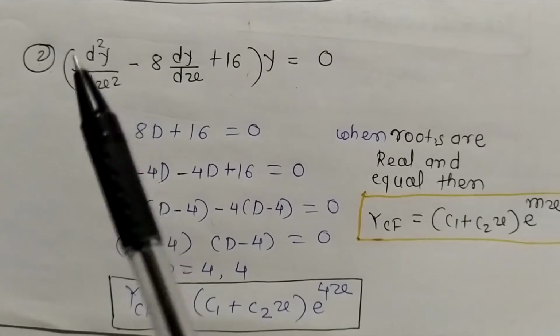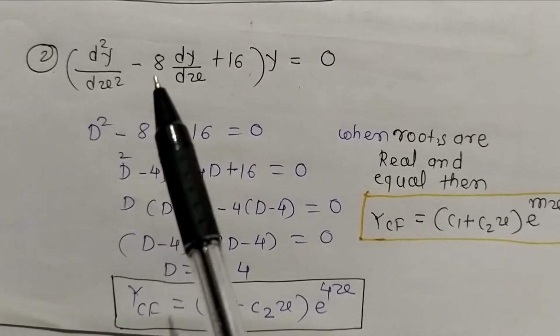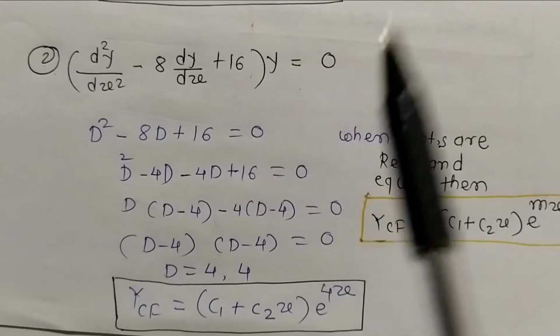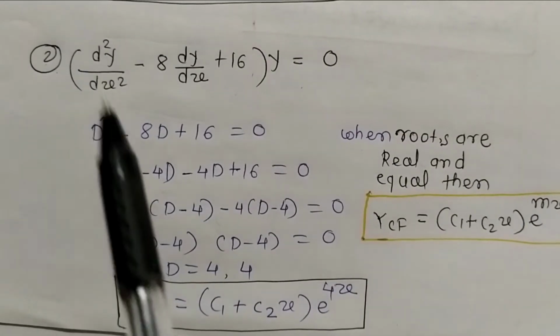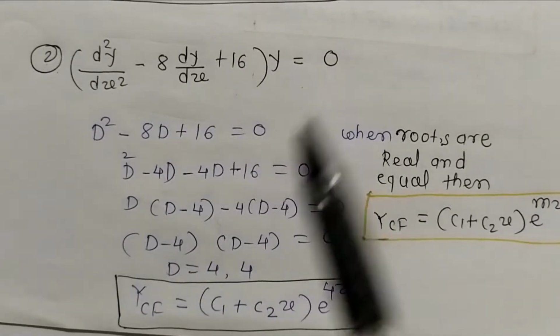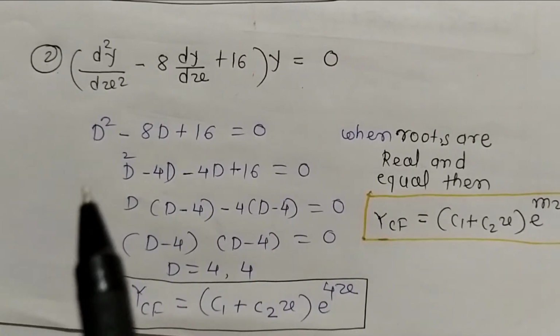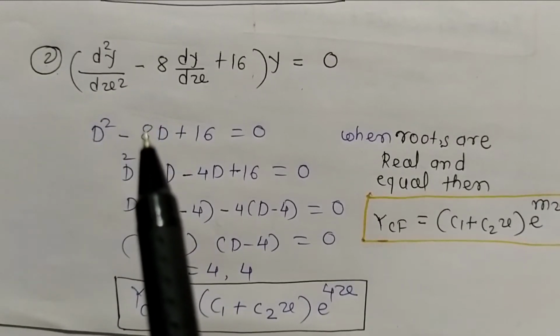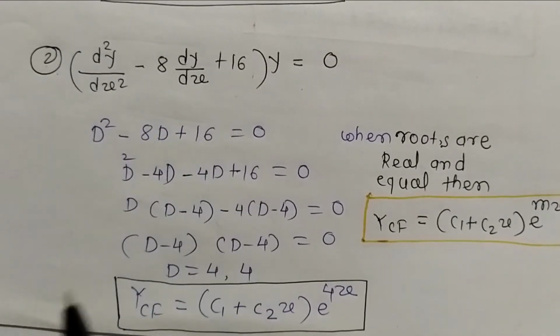Next example is d²y/dx² minus 8 dy/dx plus 16y is equal to 0. We can write it as D² minus 8D plus 16 is equal to 0. Here we have to find the numbers whose addition is minus 8 and whose multiplication is 16.